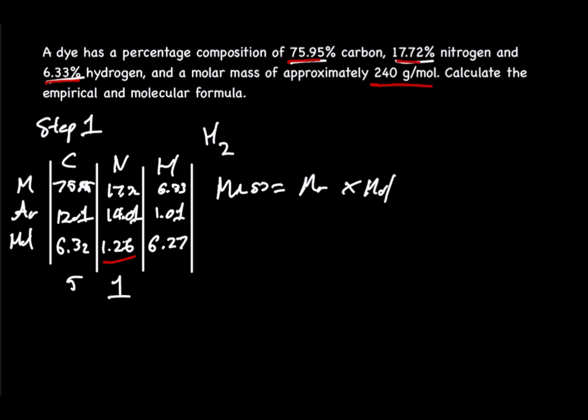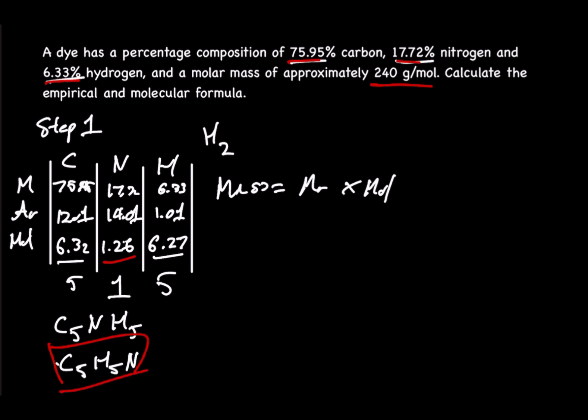If you do the same for hydrogen, it's pretty similar because these two values are pretty much the same, you'll get 5. So your empirical formula will be C5NH5, or if you want to write it nicer, C5H5N. So this is your empirical formula.